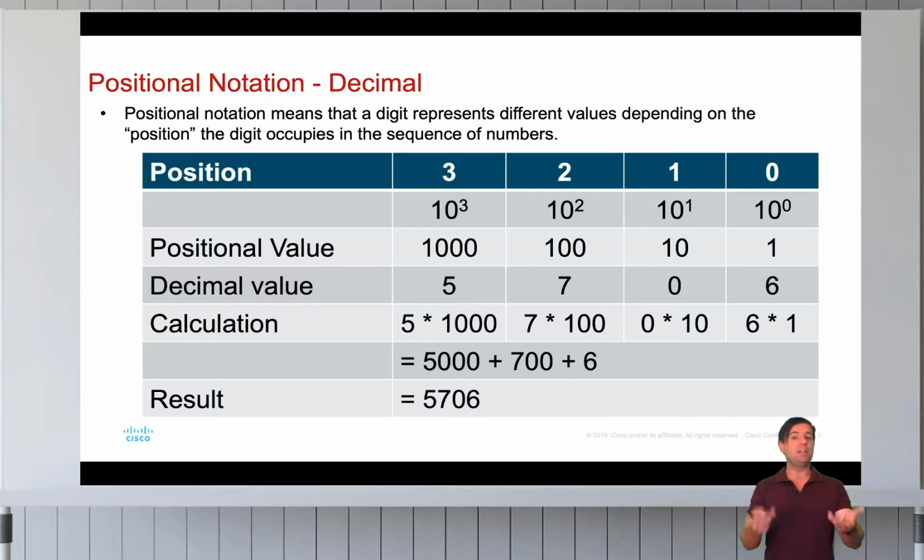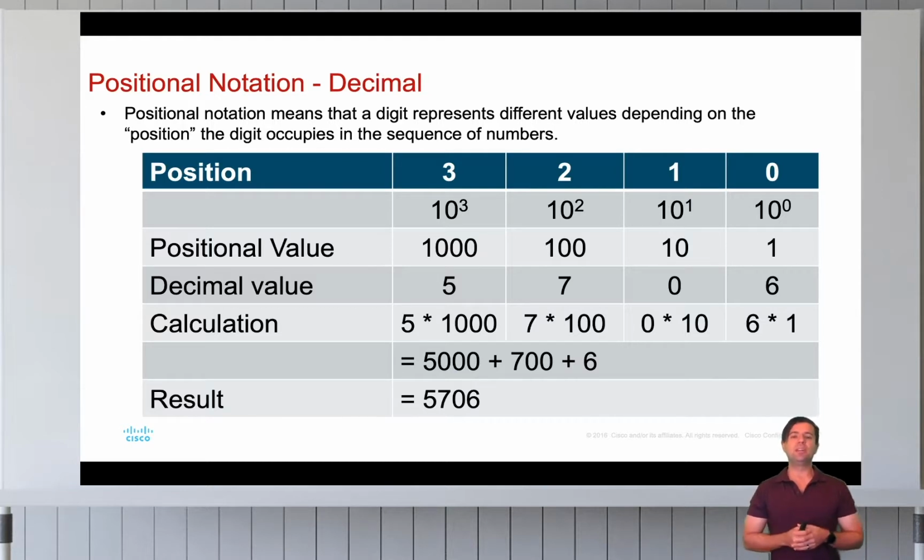There's a 7 in the hundreds column, so it's 7 times 100. There is a 0 in the tens column, so it's 0 times 10. And there's a 6 in the ones column, so it's 6 times 1. So to arrive at 5,706, it consists of 5,000 plus 700 plus 6.